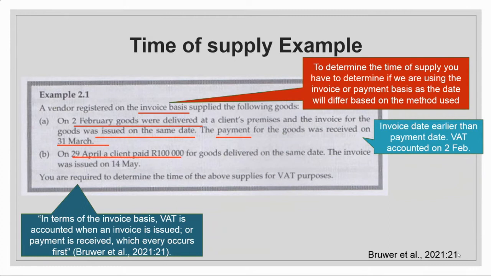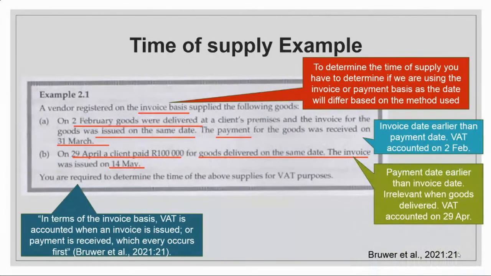Then on the 29th, a client paid 100,000 for goods delivered on the same date, but the invoice was only issued on the 14th of May. So in this case, the payment was before the invoice date, so it's the 29th. The date when it was delivered, if they give you that type of information, is irrelevant. You ignore that information and you go on.